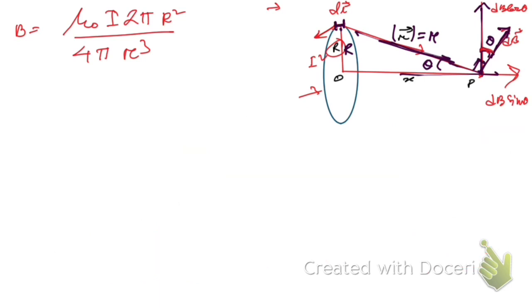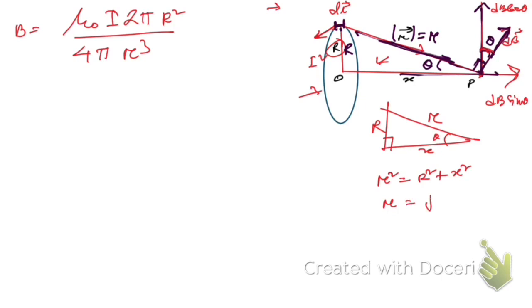Now from this triangle, this is capital R, small r, this is theta, this is x. So using Pythagoras theorem, r square will be equal to capital R square plus x square. So r will be equal to root over R square plus x square, or you can say R square plus x square whole to the power half.